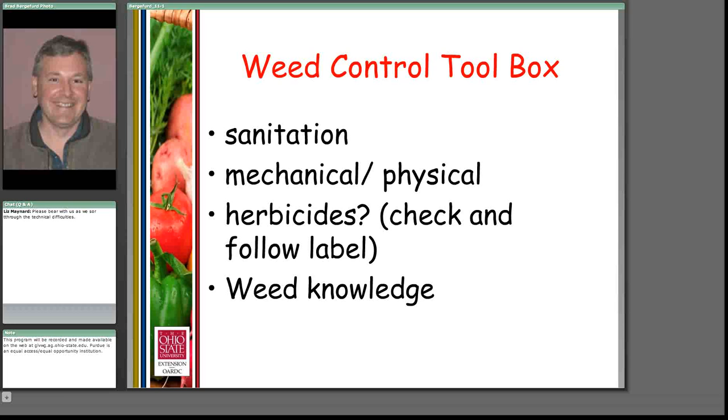Herbicides, again, we talked about that a little bit earlier, but that varies from state to state, and we're looking at mainly herbicide usage prior to the building of that tunnel. And then there's knowing that weed knowledge, and that can come from lots of different manuals and a lot of good university publications out there, and most of the universities have a vegetable, fruit, or weed scientist on staff that can assist with developing that knowledge.